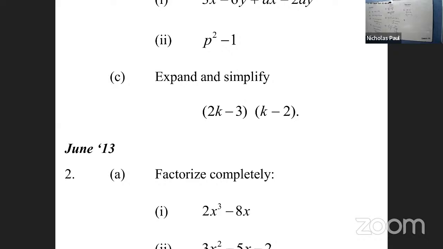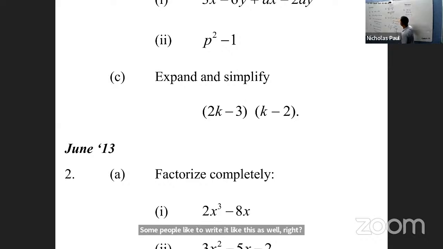Just like this one here. x by x, x by minus 1. Minus 1 by x. Some people like to write it like this as well, right? X by this whole bracket. Minus 1 by this whole bracket. And then I multiply it out.